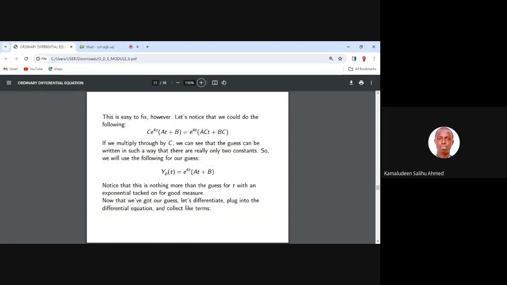And which is this? When you multiply it, you have exponential 4t outside as it was before, then act plus bc when you multiply the c inside. Okay. So they are all constants, and you know the law of constants, you can use a constant to replace a constant, you can equate it to another constant.